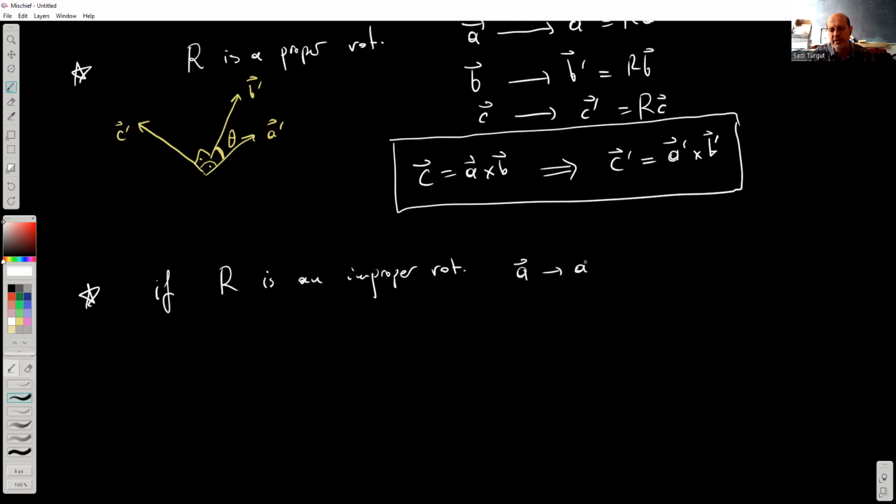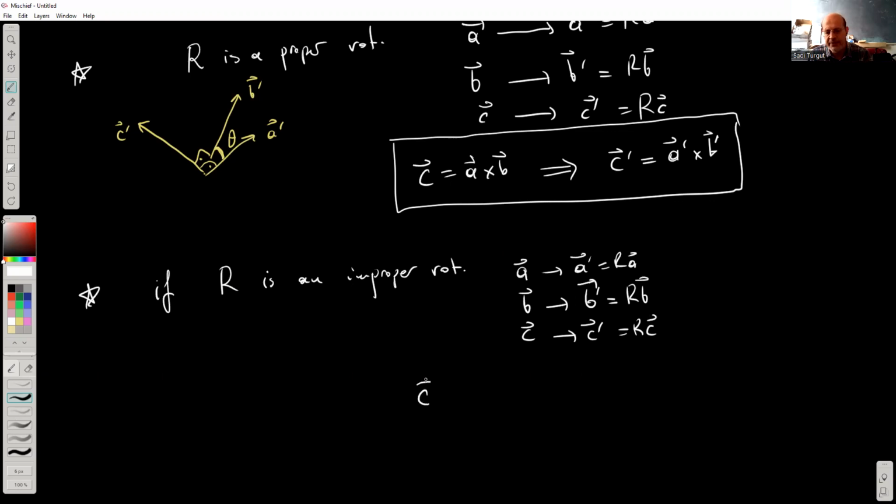The same thing: A and A prime are related in the same way, and so on. So let me not repeat the same thing again. C prime is also defined in the same way, because that's the part that's confusing people. How do I define A prime, B prime, and C prime?